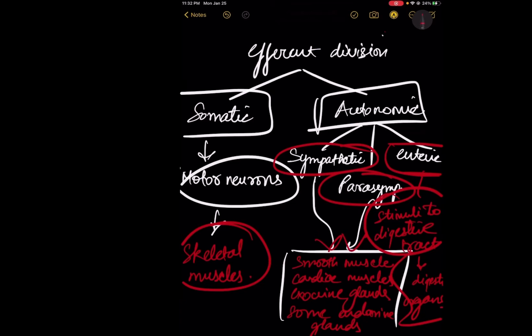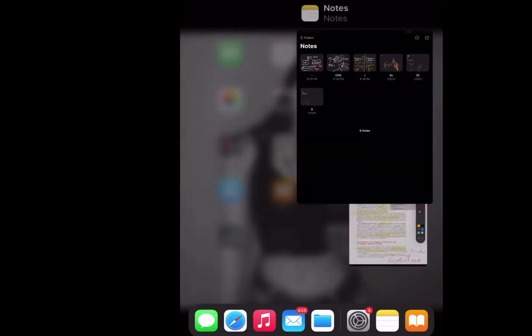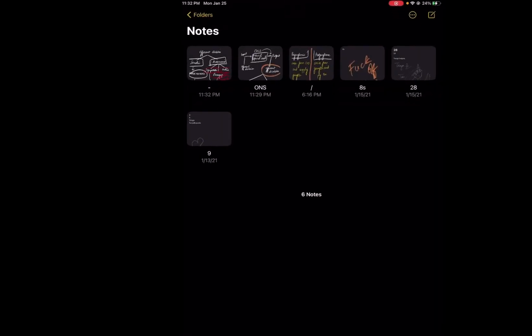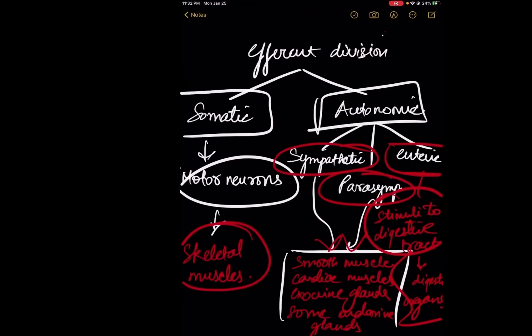Basically, these are all effector organs. Can you see? All the red portion is effector organs.